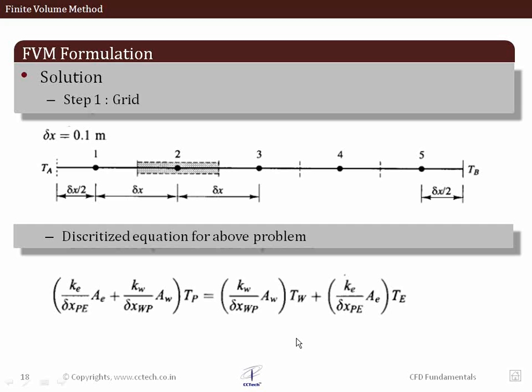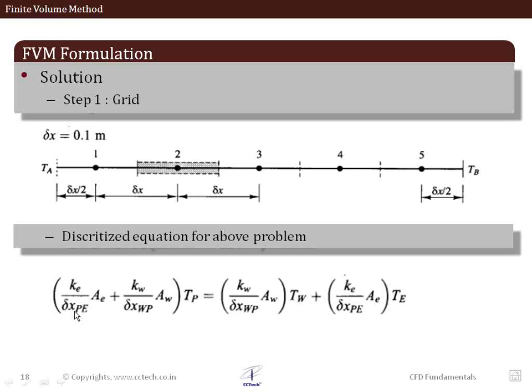So with these unique values, when we try to obtain the set of linear algebraic equations, I'm solving the temperature equation, the energy equation more specifically, and we can obtain this without any problems on cell number 2, 3 and 4, because these are bounded by cells on the western side as well as eastern side.